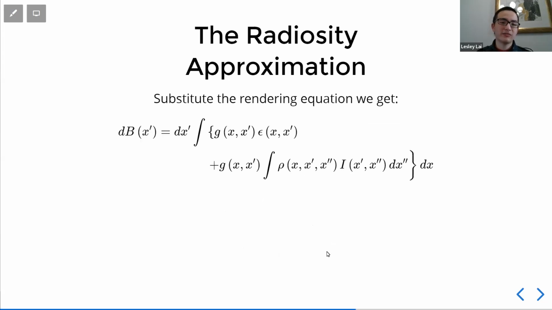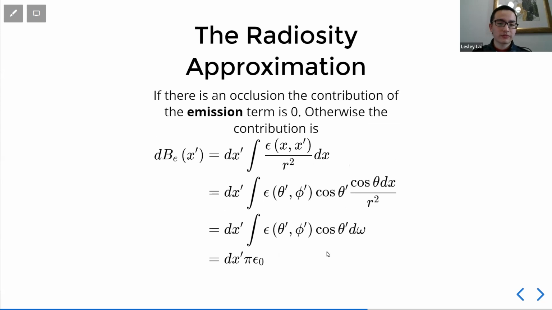We can then substitute the rendering equation in. And if there is occlusion, then the contribution of the emission term is 0. Otherwise, the contribution of the emission term is a constant times the surface area of the intersection point.